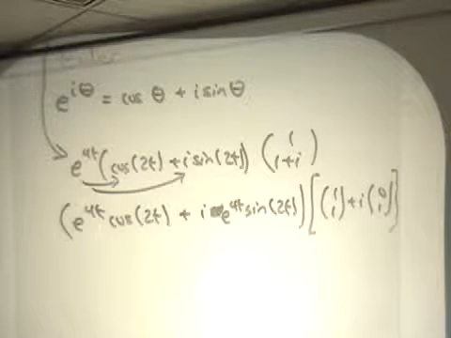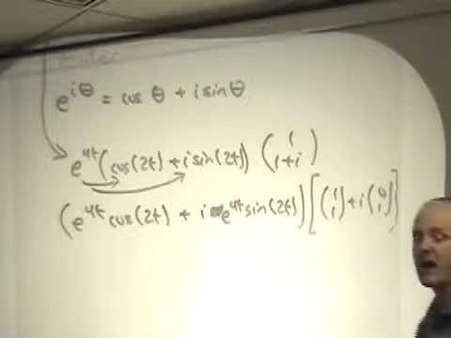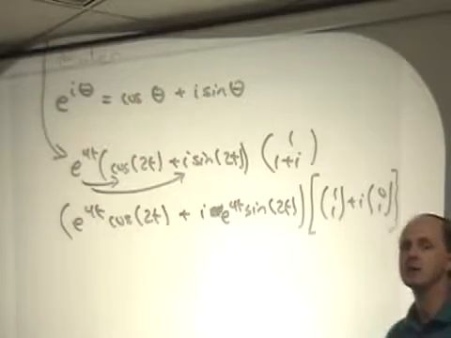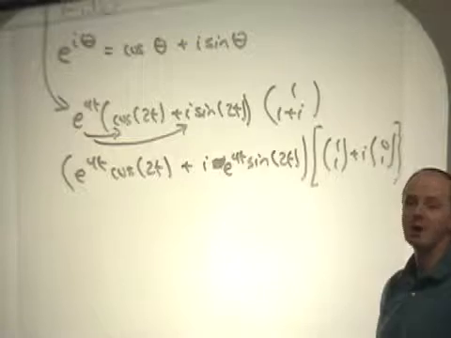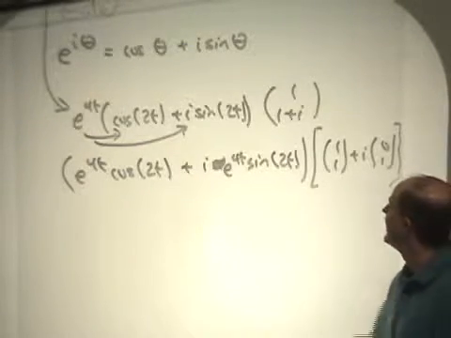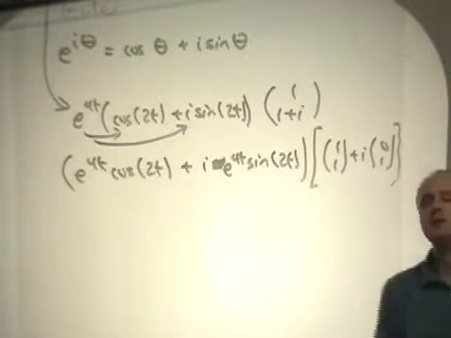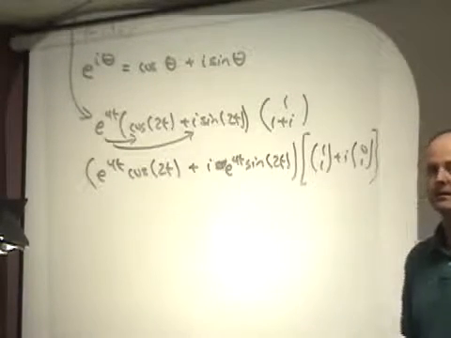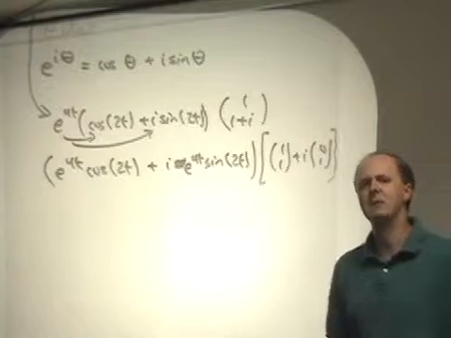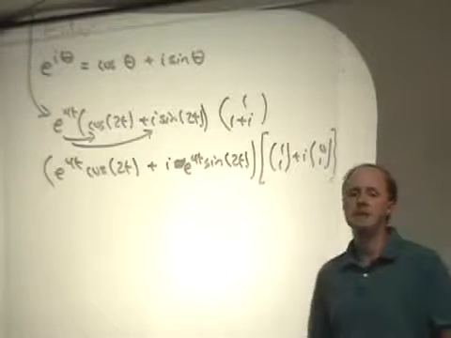Before I do that, though, let's think about which of those products are going to give me real quantities and which will give me imaginary quantities. First times first gives me a real quantity because there's no i's there. Last times last will also give me a real quantity because I'll get an i squared involved, which is -1. It's the outside and inside products that end up being imaginary.